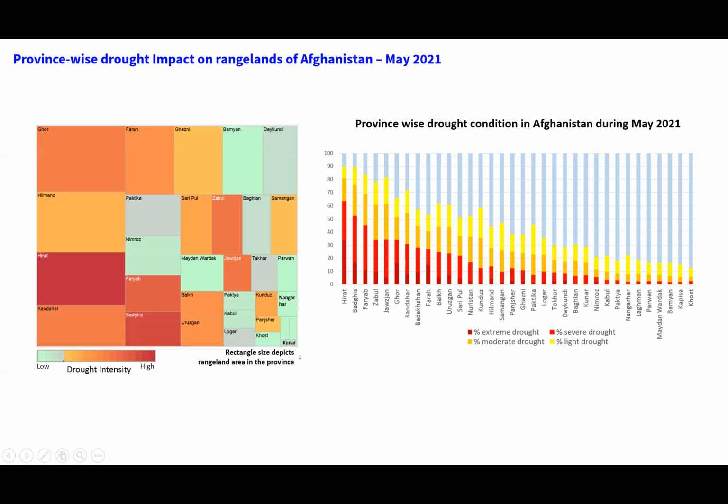So then Kunar becomes less relevant. For example, Ghor province has the highest rangeland area, and it has high drought condition. And similarly, Herat is another area where you have large rangelands, and they are again intensely under extreme drought conditions.